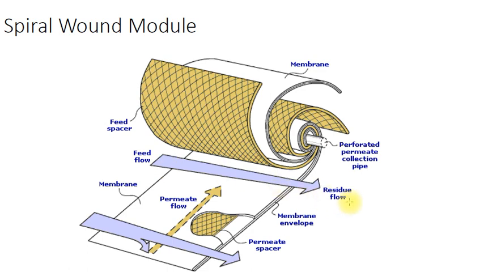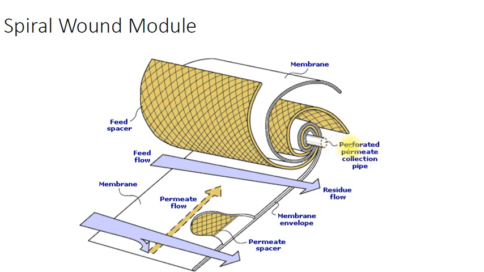Due to the pressure, the water permeates across the membrane and is collected inside the envelope, and then it moves in this direction. There is a perforated tube situated at the end of the envelope, and the liquid is collected inside this tube and removed from here.